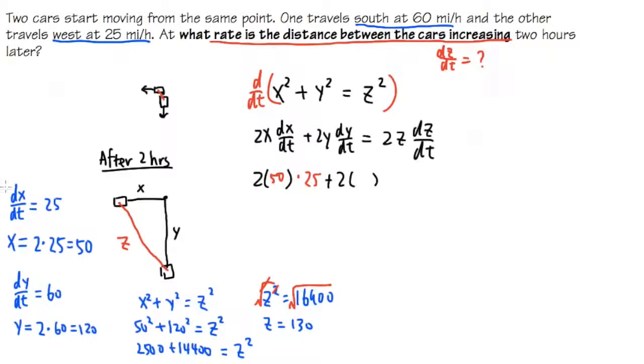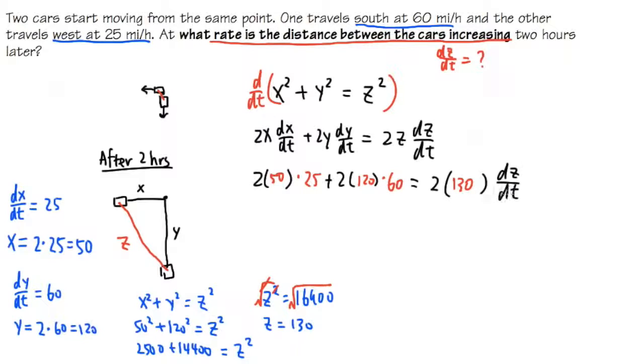The y value is 120. So let me put on 120 right here. And then dy/dt is 60. And all that will be equal to 2 times z value. The z value is 130. And then dz/dt, we don't know, so we keep it as it is for now, dz/dt.